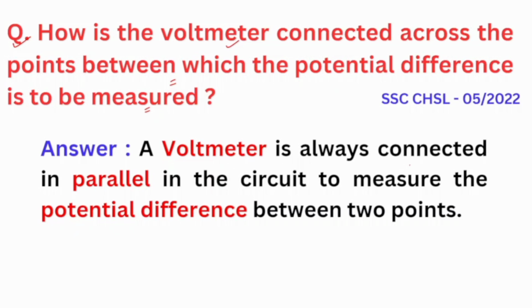A voltmeter is always connected in parallel in the circuit to measure the potential difference between 2 points. Let me show you. If it is a point A and here if it is a point B, if it is connected like this, then voltmeter will be connected like this. This will be in parallel to the circuit.